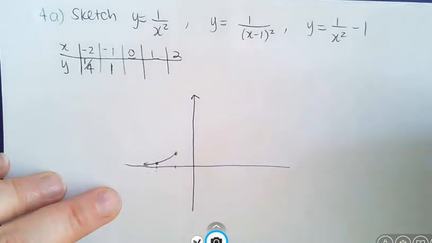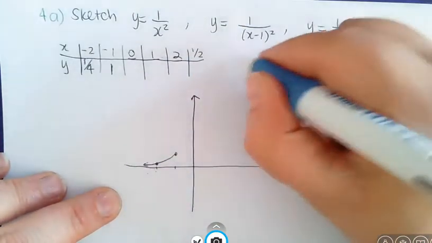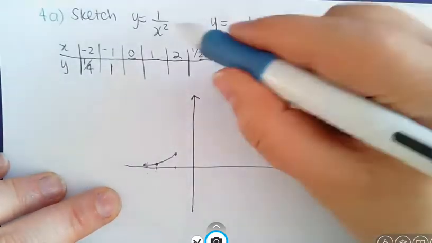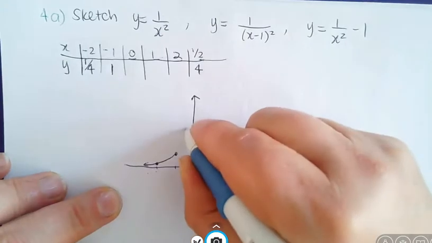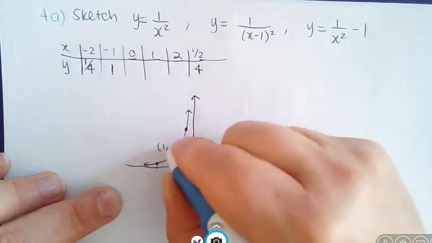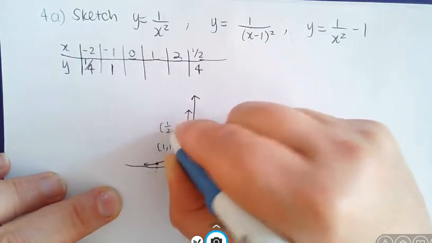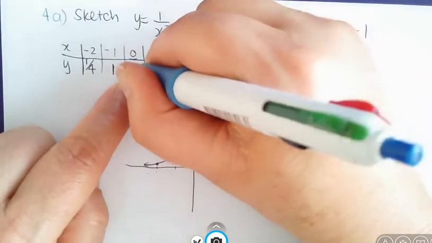Give me another value to do. 1/2. What do you get? 1 divided by 1/4 is 4. I think we can see what's happening. So I've got 1, 1, and I've got 1/2, 4. x can't equal 0. We good with that?